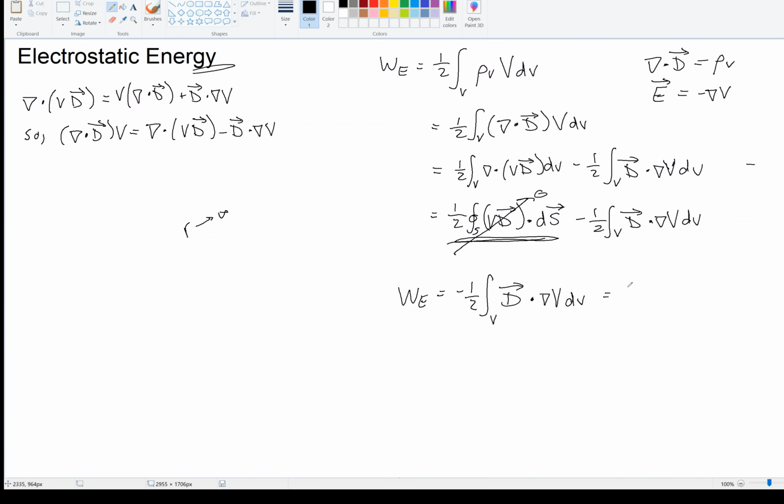So we can write this as 1/2 the integral over the volume of D dot E dv. That's nice. Now recall that D is the permittivity of free space times E. So now we have the integrand as epsilon 0, and E dot with itself is just the magnitude of E squared. We talked about vectors dotted with themselves a long time ago. It's just the magnitude squared.